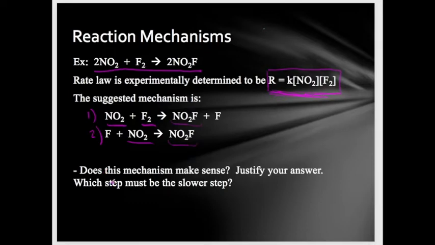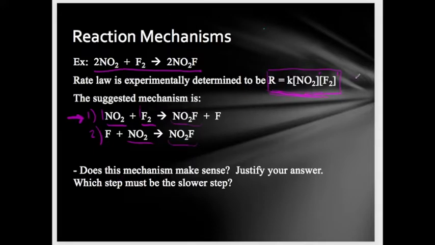Is that the case? Yeah, it is. You can see here that NO2 is raised to the first power, F2 raised to the first power. Here in this first step, I have 1 mole of NO2, NO2 raised to the first power. I have 1 mole of F2, F2 raised to the first power. That makes perfect sense.